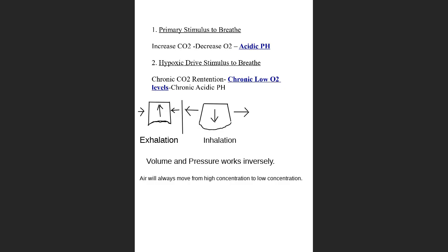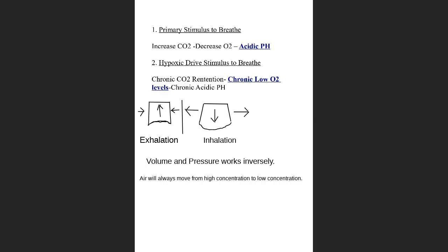Now, within the brain and the spinal cord, you have what's called the phrenic nerve, and you have what are called the intercostal nerves. The phrenic nerve goes to the diaphragm, and the intercostal nerves go to the intercostal muscles.